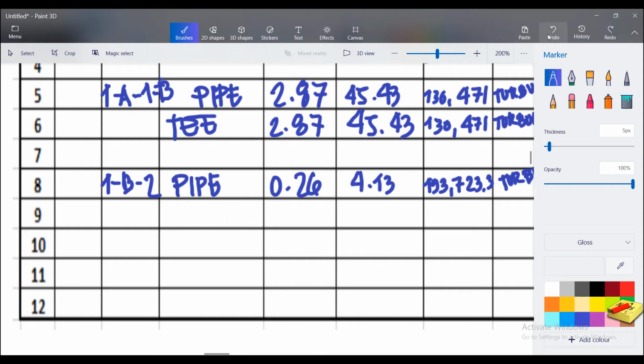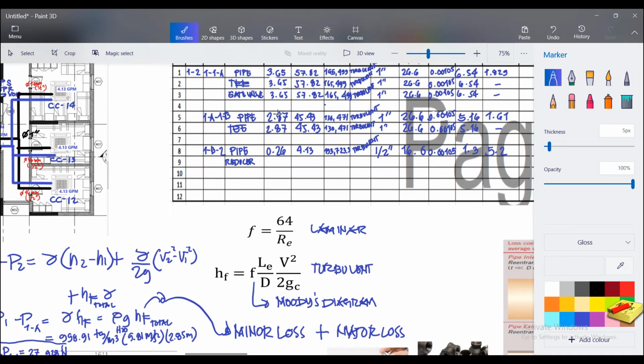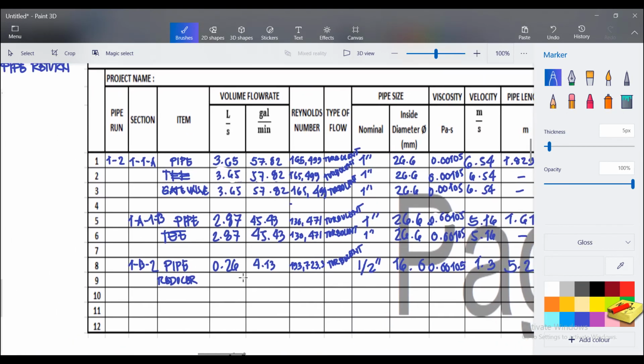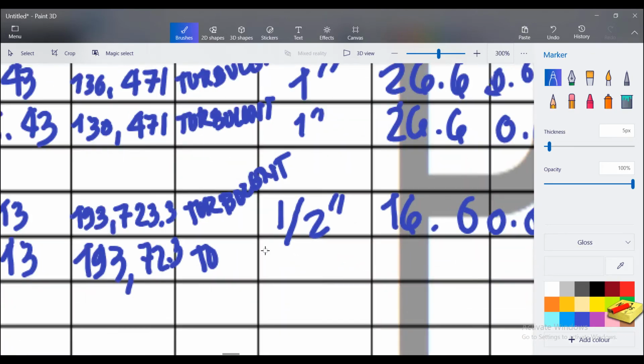So I'm going to put here reducer. Okay, so this is fitting. Same value, we have 0.26, 4.13, same Reynolds number, we have 193,723.3, so same also. Turbulent flow.